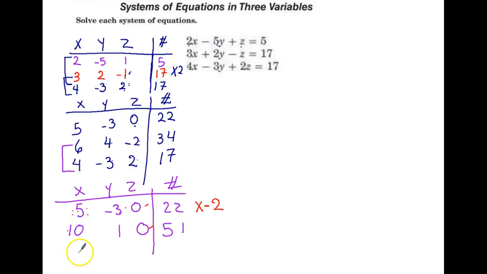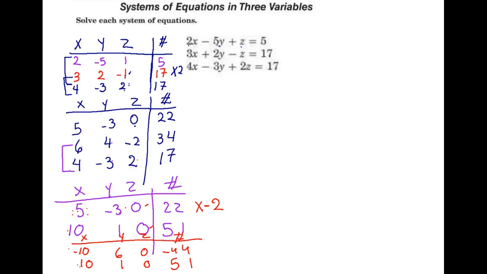I'm going to get negative 10, 6, 0, negative 44. And then the bottom equation stays the same. Now I have the same number with opposite signs, so I can add them and eliminate one more variable.